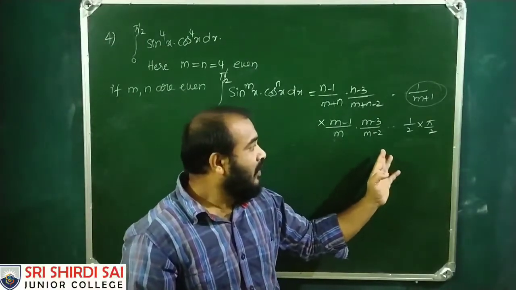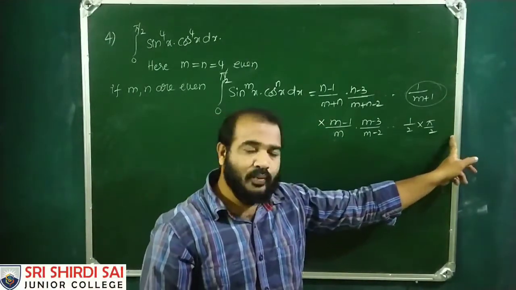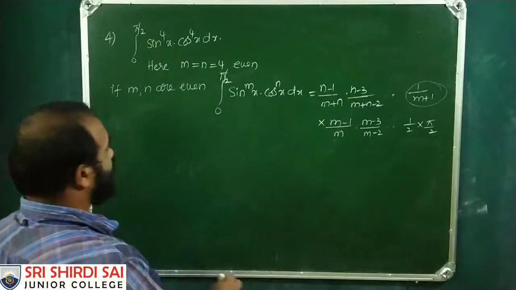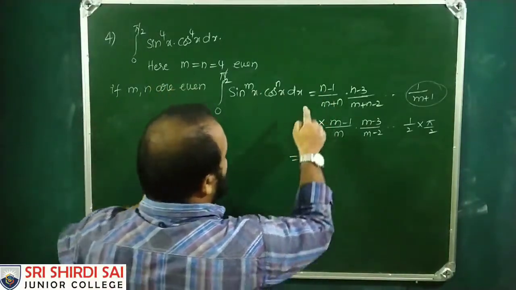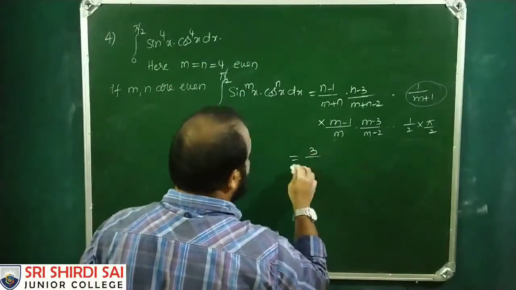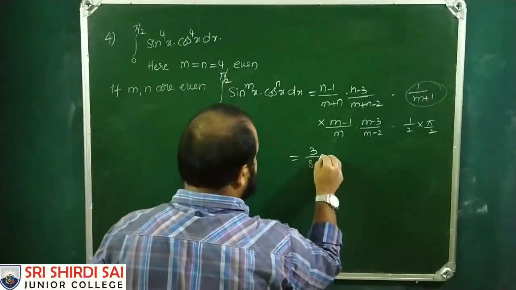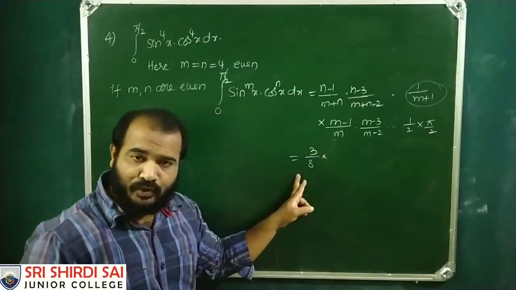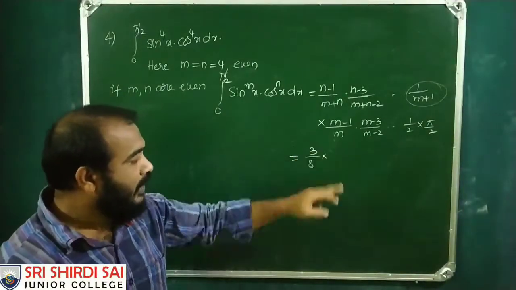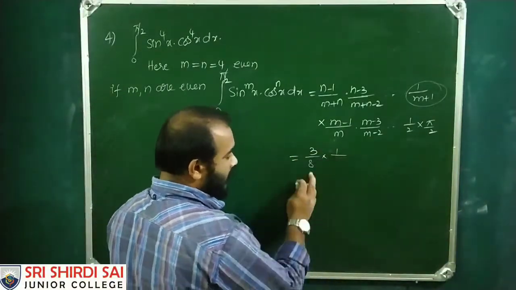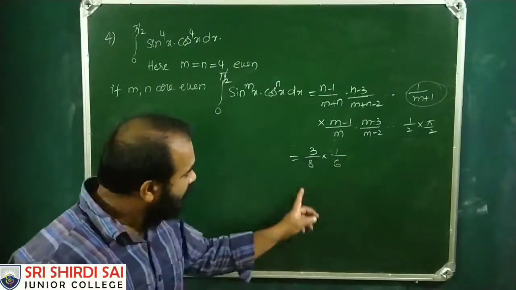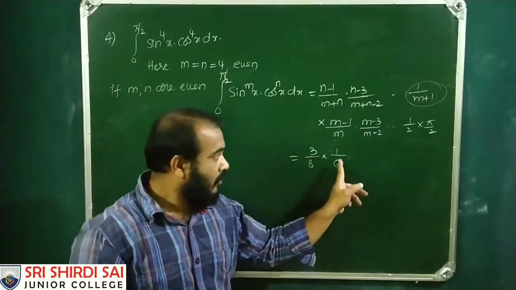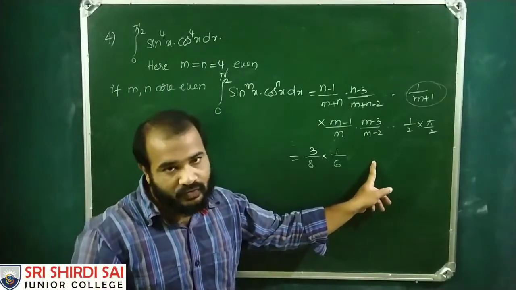And if m is even, then 1 by 2 into pi by 2. So this we have known. So this is equal to, substitute: n is 4. 4 minus 1 is 3 by 4 plus 4, 8. So further reduction is possible, of course. So 3 minus 2, 1 by 8 minus 2, 6. Now you stop here. Further reduction is possible or not, you see. 1 minus 2 is minus 1.